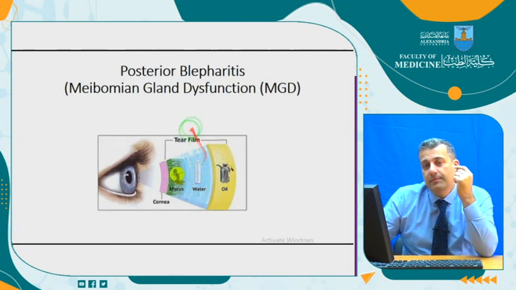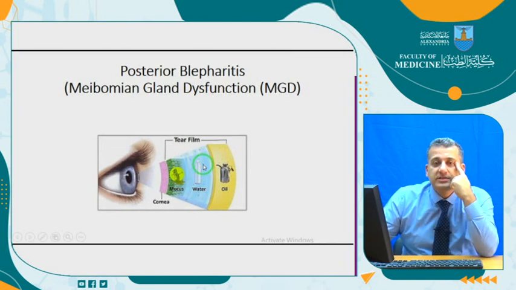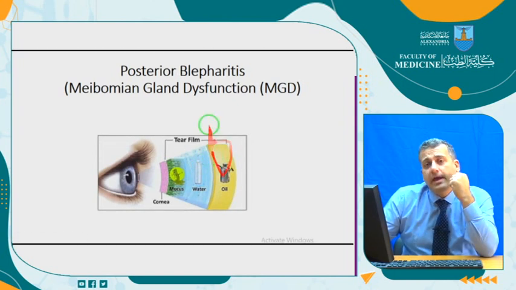So the tear film up to now has 2 layers: the mucin layer secreted by the goblet cells around the limbus, and the watery part secreted by the accessory lacrimal glands and also by the main lacrimal gland in cases of crying or reflex tearing. And the third layer is the oil, or the meibomian secretion. As I said before, meibomian glands secrete an oily-like material.